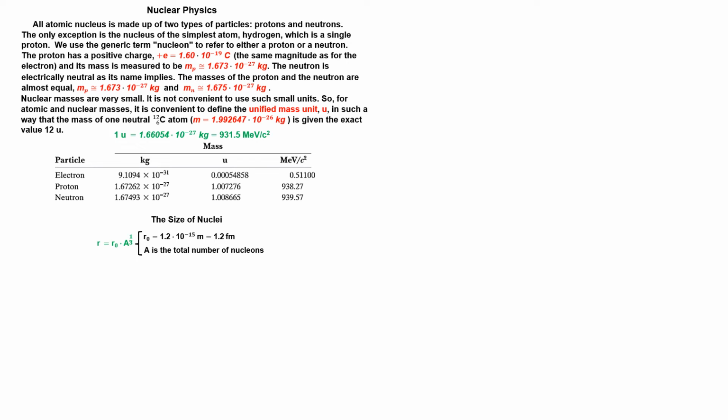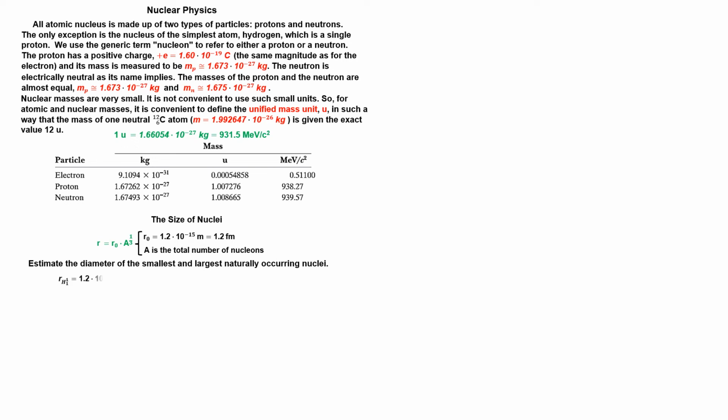Let us now get some estimates for the size and density of atomic nuclei. Estimate the diameter of the smallest and largest naturally occurring nuclei. The radius r of a nucleus is related to its number of nucleons, A, by the formula above. The simplest nucleus is that of hydrogen, A equals 1.